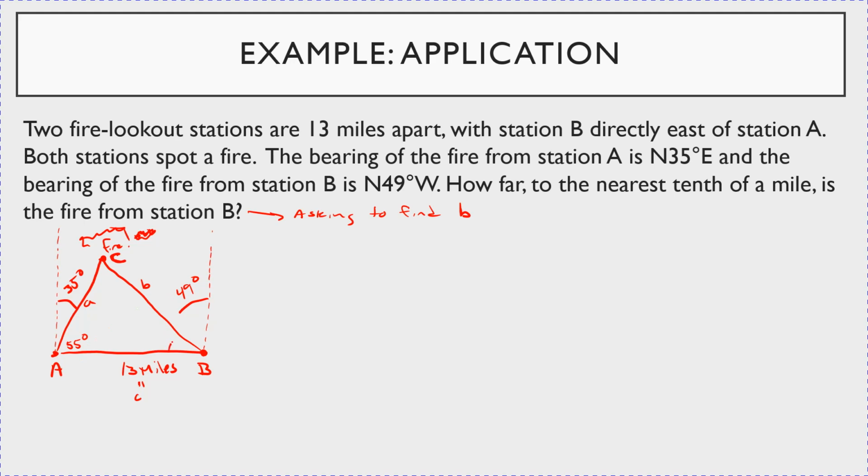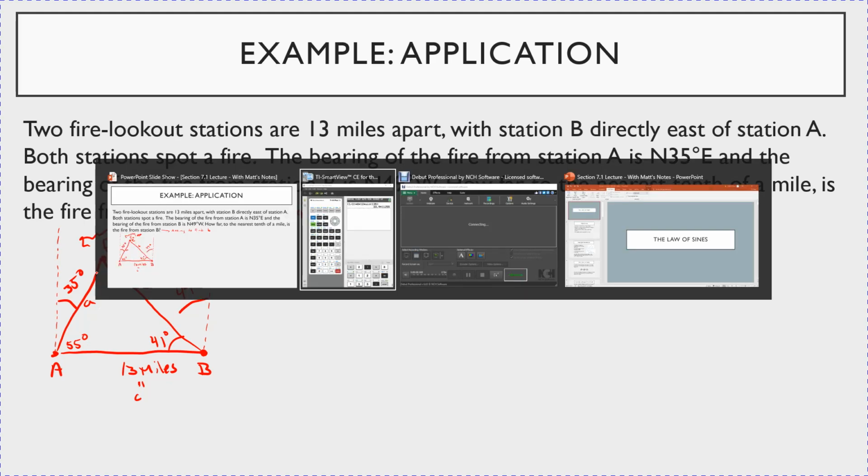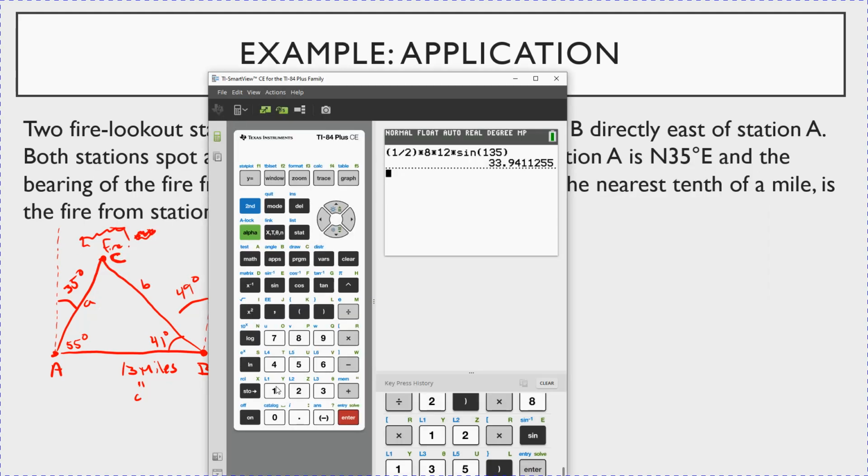And then similarly, this angle in here is 41 degrees. So to find angle C, you would just go 180 minus 55 minus 41, and this angle here is 84 degrees, angle C.